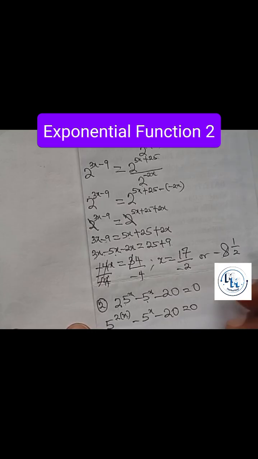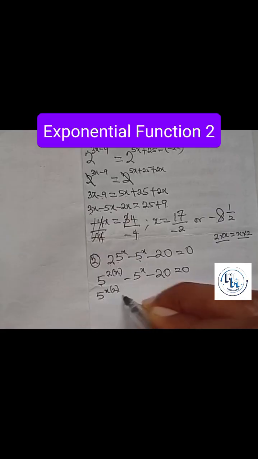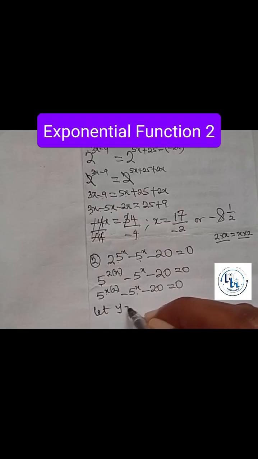Remember, pay attention here, 2 times x is the same as x times 2. So if I come here, I can say 5^(x times 2) minus 5^x minus 20 equal to 0. Here I have 5^x, same thing here. I can say let y equal 5^x.